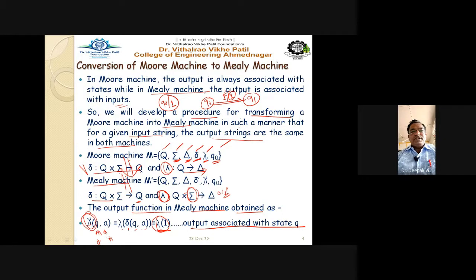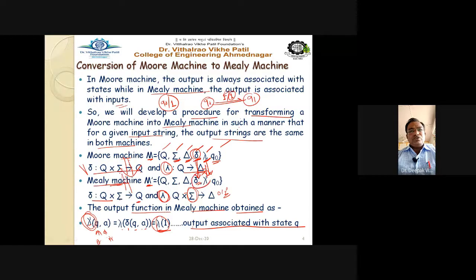So we can say that Moore machine is defined by M, whereas Mealy machine is defined by M dash. And which are the two entities that change here? The delta function is being changed to delta dash, and lambda is being changed to lambda dash.